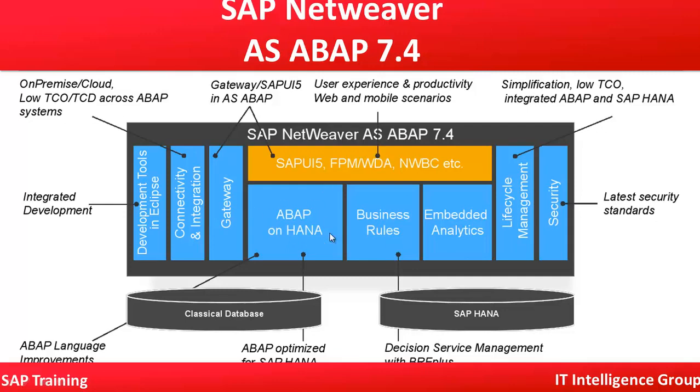ABAP is your core, but along with it you have business rules, embedded analytics, lifecycle management, and a security layer, and on top of it you can have NWBC, SAP UI5, FRM or WDA. So your NetWeaver AS ABAP 7.4 has all these things.